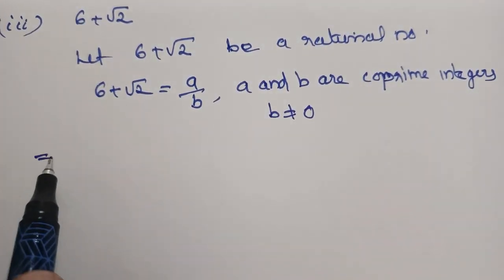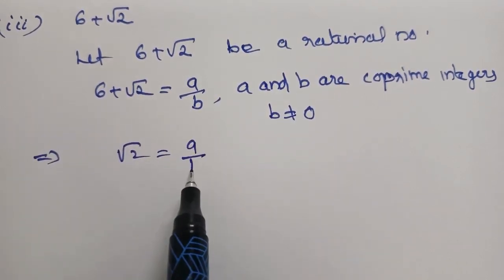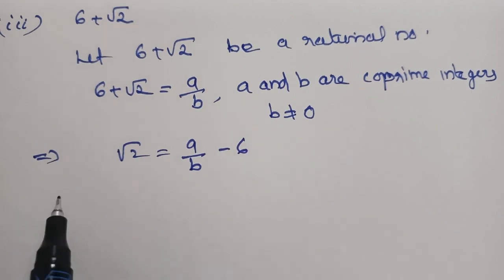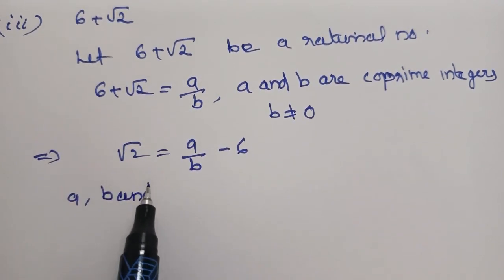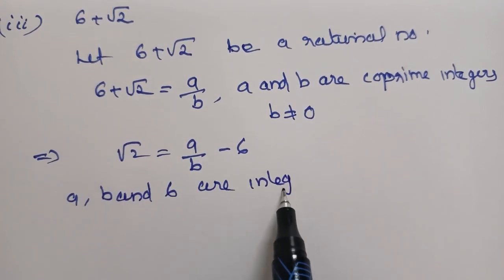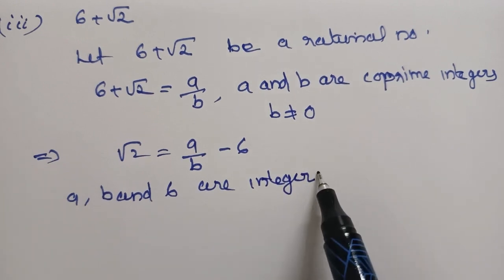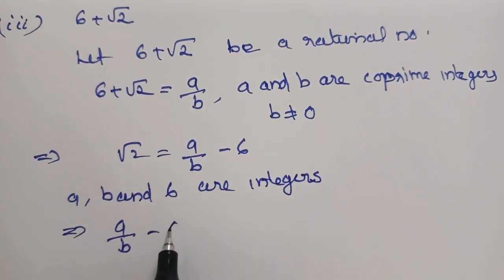Now taking 6 to the RHS, we get root 2 equal to a by b minus 6. We know that a, b and 6 are integers. Therefore, a by b minus 6 is a rational number.